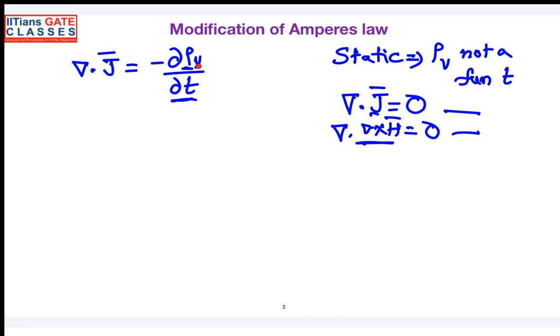Now, what is happening here? The volumetric charge density is varying with respect to time. When you apply AC voltage, the charge flows with respect to time. So there is a variation of the charge with respect to time. That is the reason why I have modified this equation to del dot J is equal to minus dou rho v by dou t. This is also called the continuity equation.